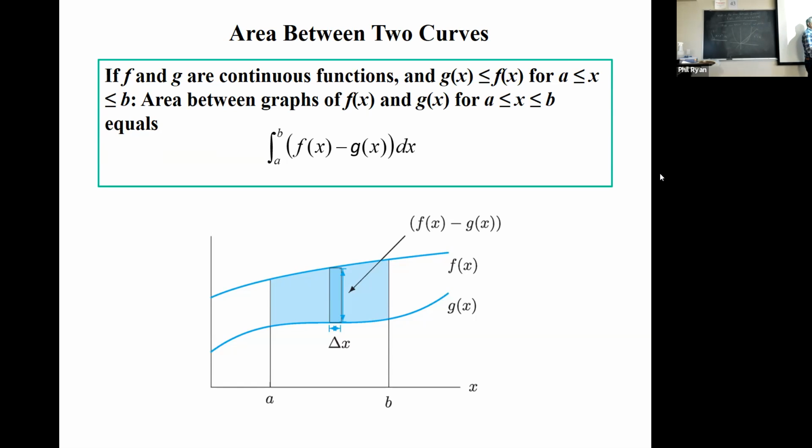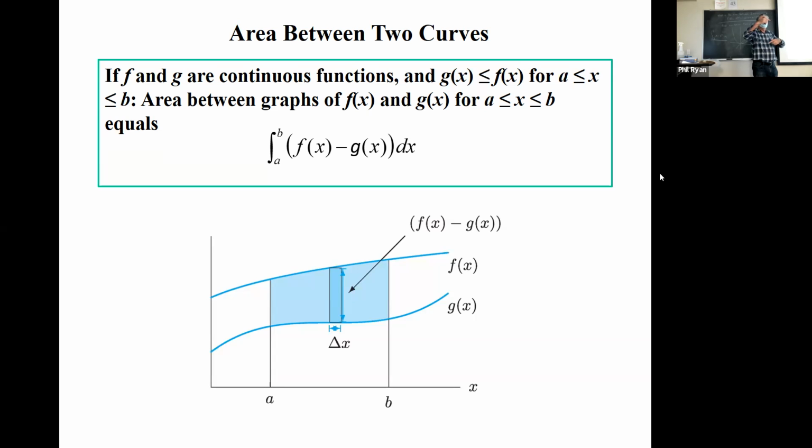And then this is going to be the integral, and the reason for that is because when we look at the little rectangles, right, the base is still going to be dx from that delta x, and the height of the rectangle is going to be the function on top minus the function on the bottom.